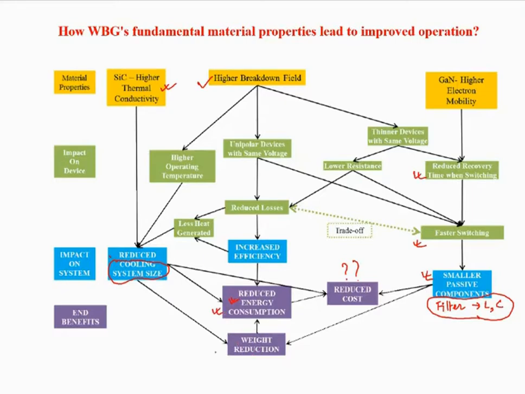Weight reduction is also true because with higher switching frequency, you can reduce your passive components, which are one of the major weight contributing factors. Once you start designing a power electronic converter, you will learn more about it.